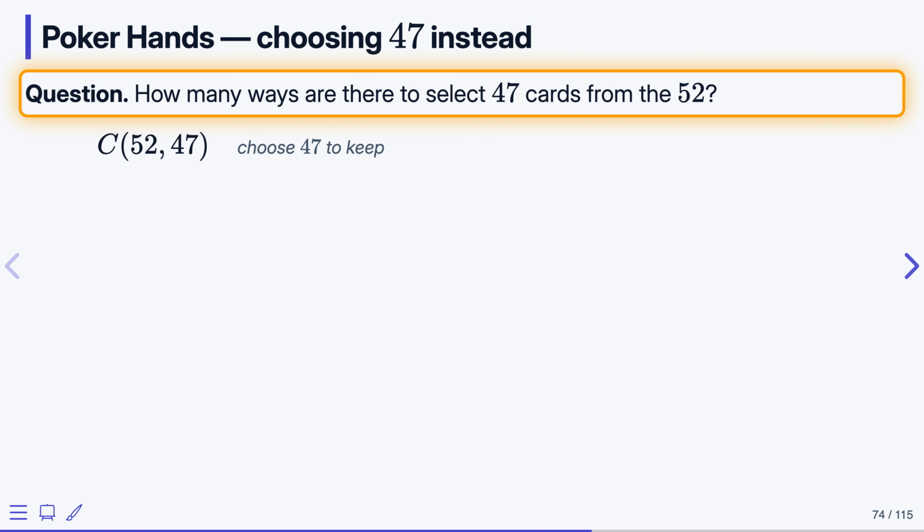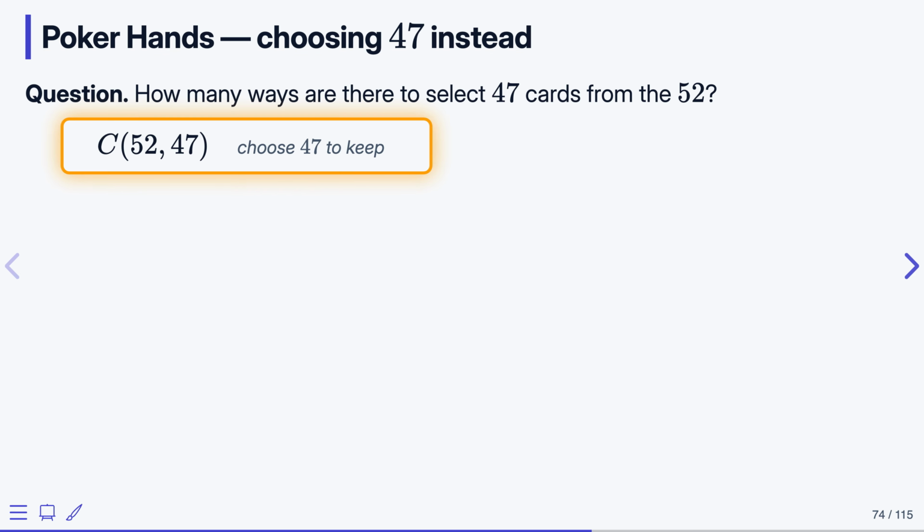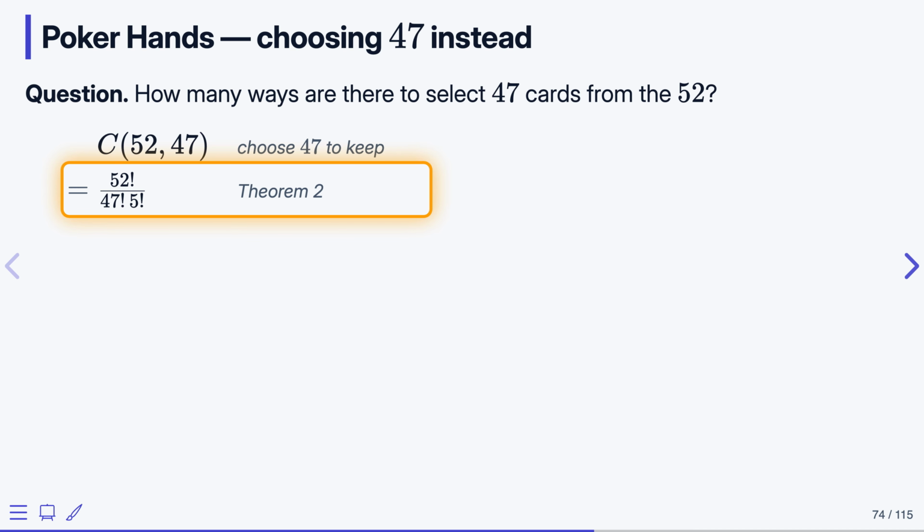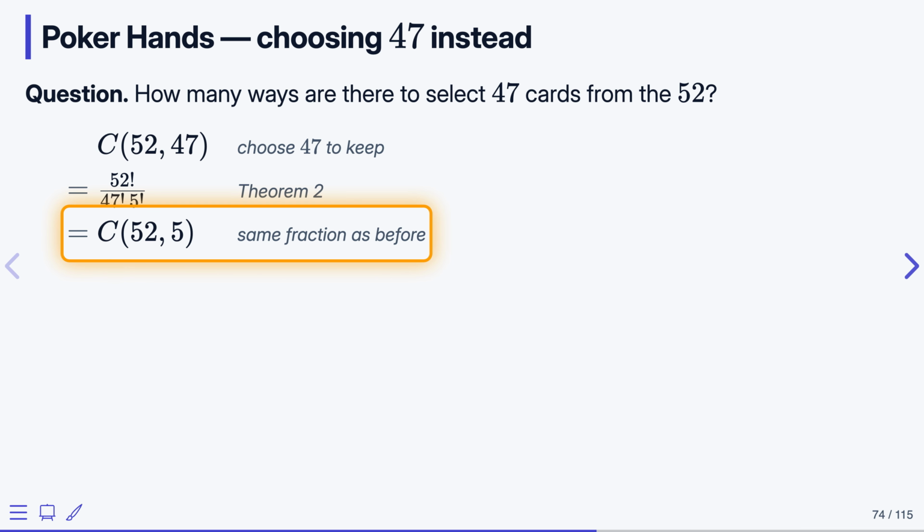Now the second question. How many ways can we select 47 cards from the 52? Line 1. We want C(52, 47). Line 2. Theorem 2 gives 52 factorial over 47 factorial times 5 factorial. Line 3. Look at that carefully.